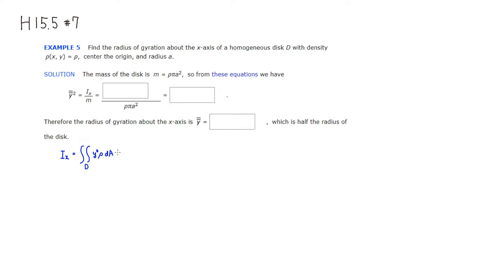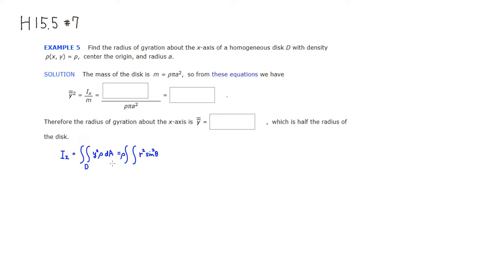So this is going to be equal to a double integral, and y squared, where y is r sine theta. But we have to square that, so it's r squared sine squared theta. And rho is just a constant, so I can put rho outside.